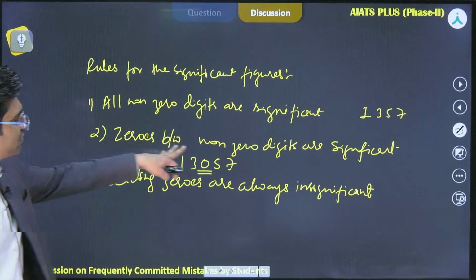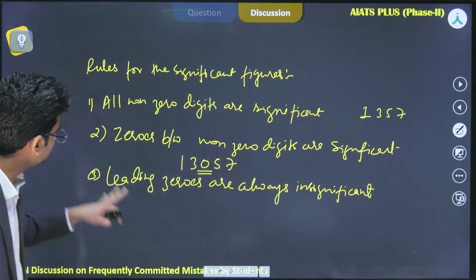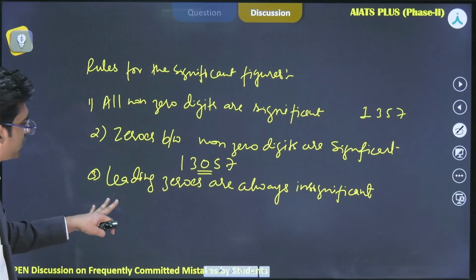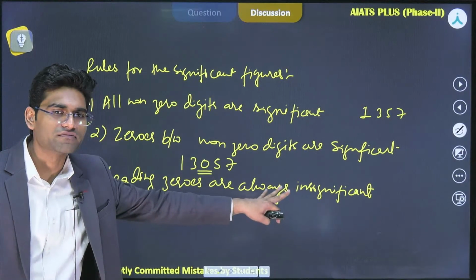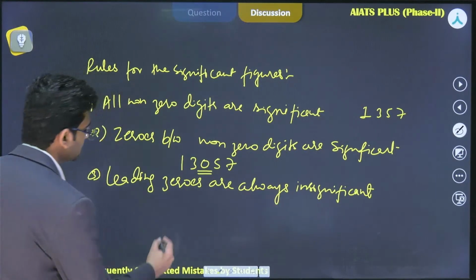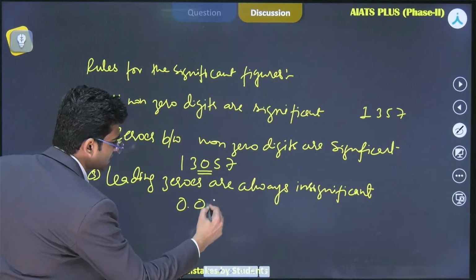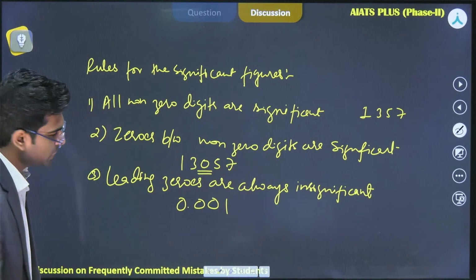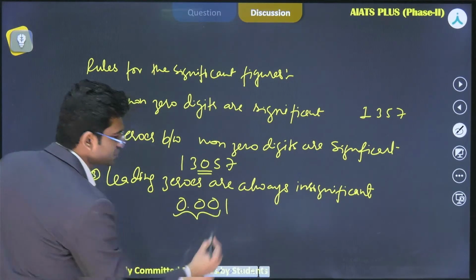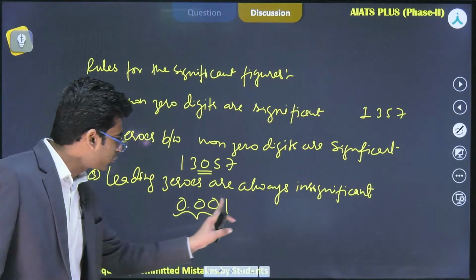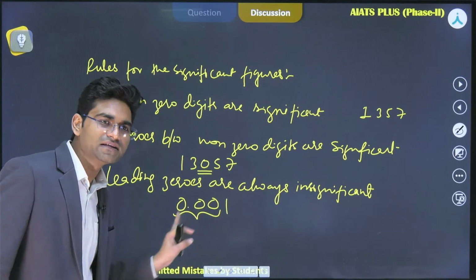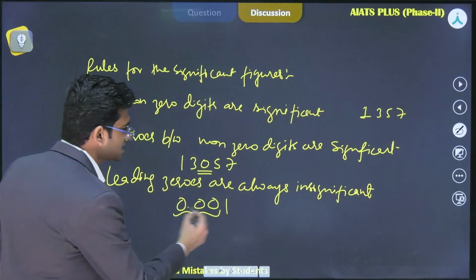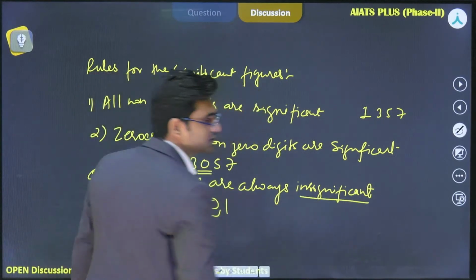One is zeros between non-zero digits are significant, and the other rule which we have studied so far is leading zeros are always insignificant. What do you mean by leading zeros? If a number is like 0.001, these zeros are leading zeros. Zeros before the first non-zero number are leading zeros, and leading zeros are always insignificant.